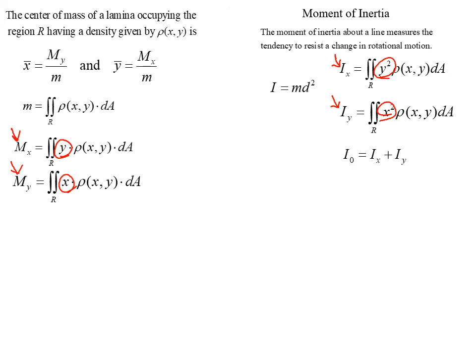And so if it's a rectangular coordinate system, and if we are doing the x and the y axis, then these quantities will indeed be x and y respectively.